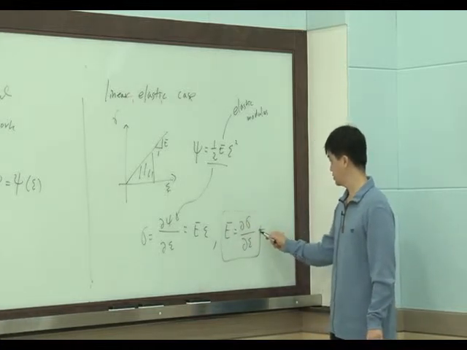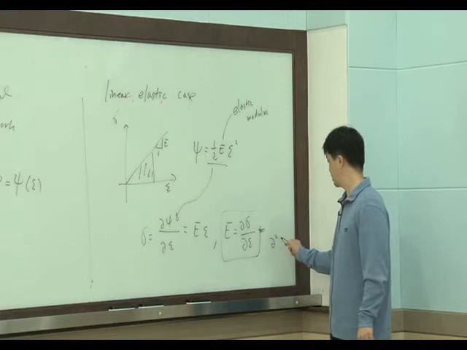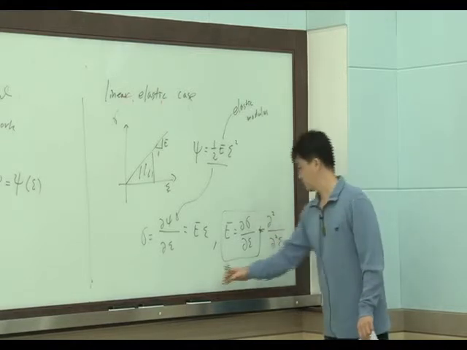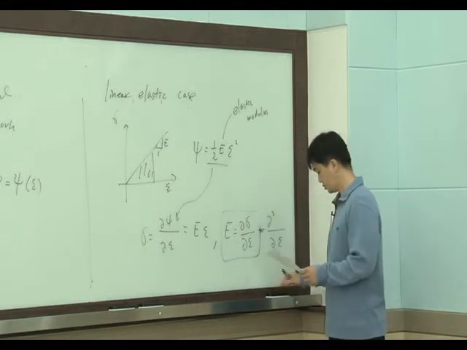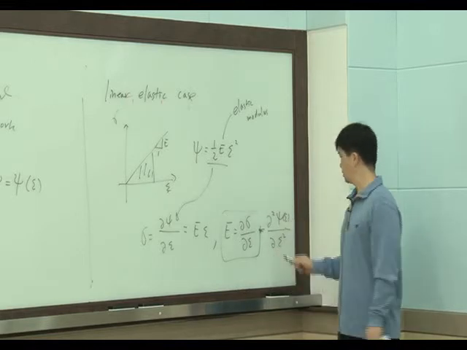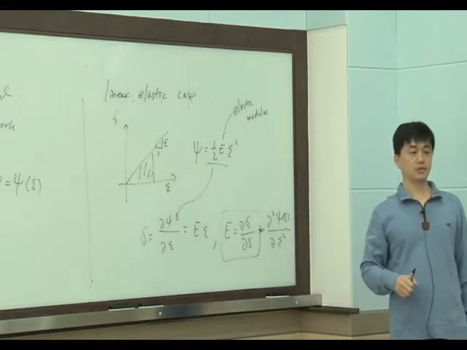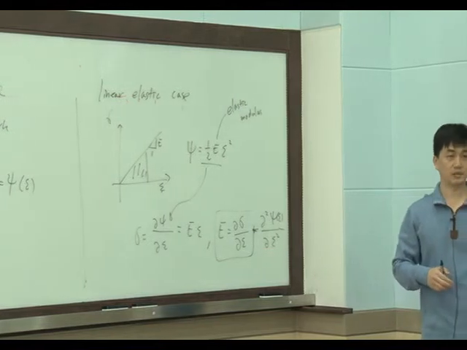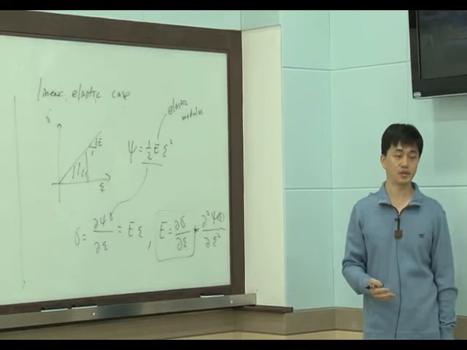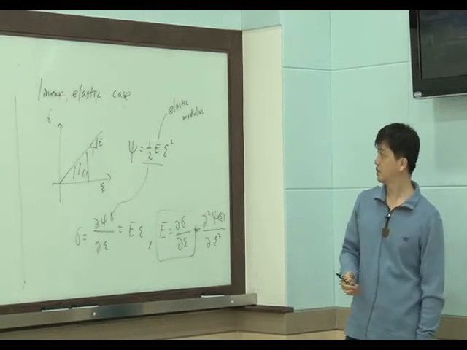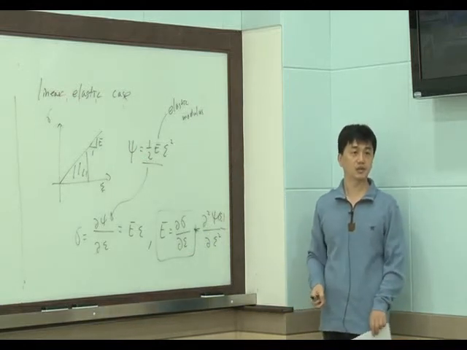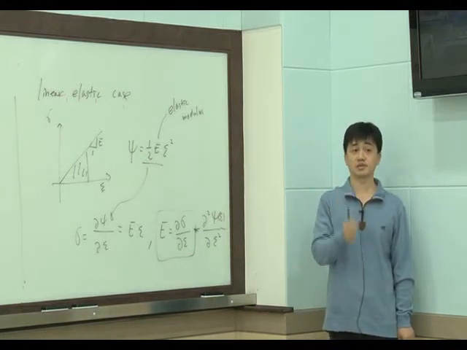This means the second derivative. If you take the derivative with respect to strain twice on the free energy, we can calculate the slope of this curve. We can calculate that material constant.